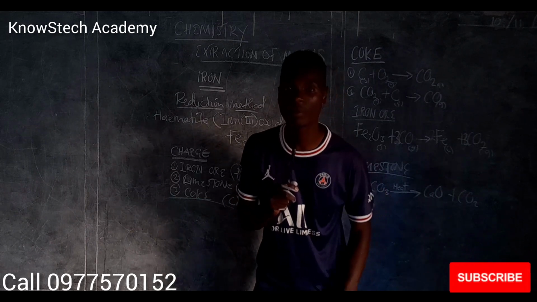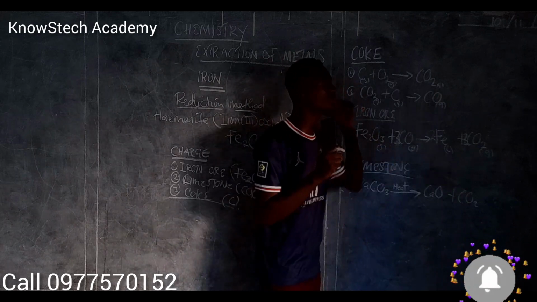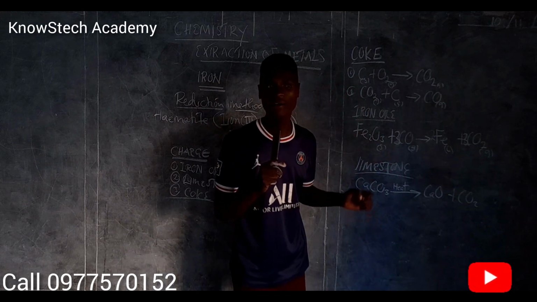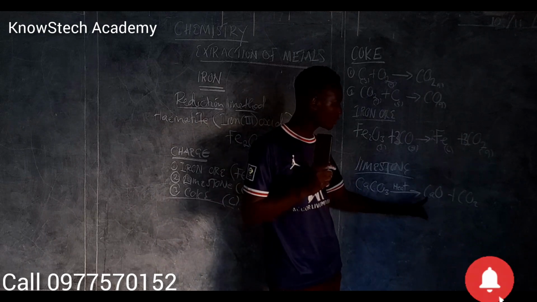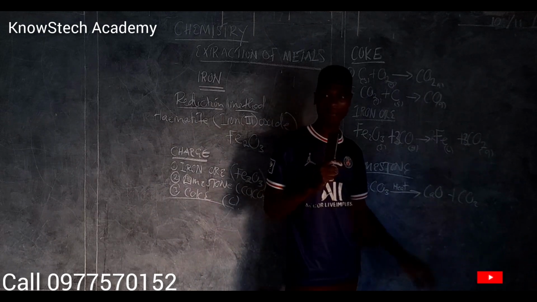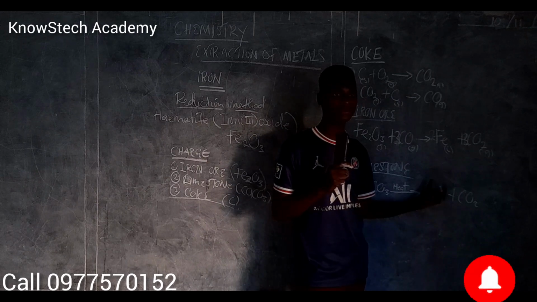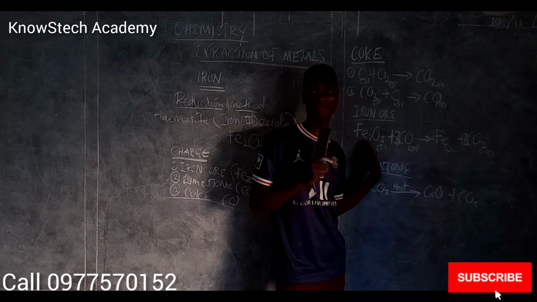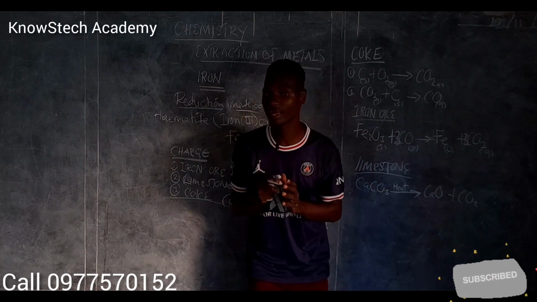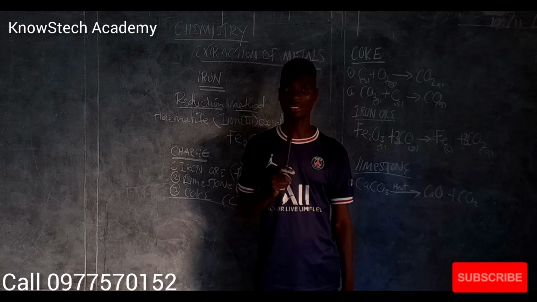It is as simple as that. But how? When this decomposes into calcium oxide and carbon dioxide, calcium oxide combines with the sand that remains here to form calcium silicate. Very good.